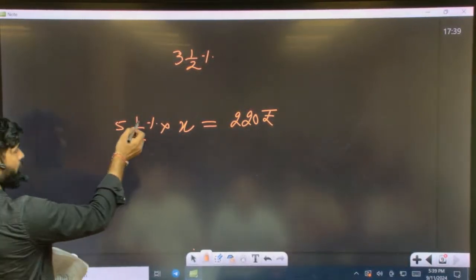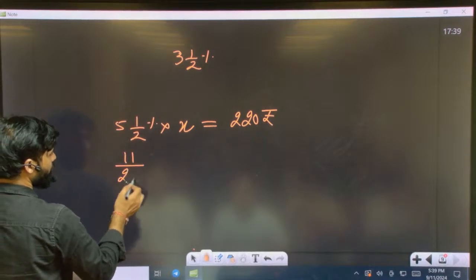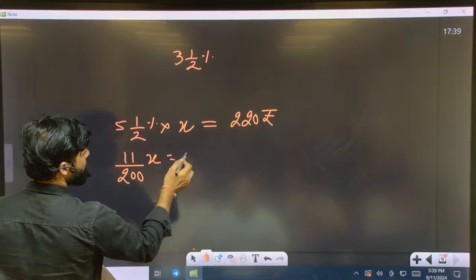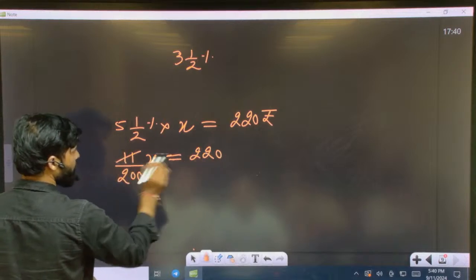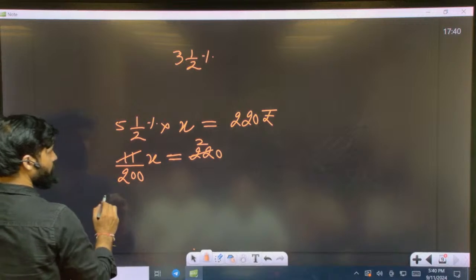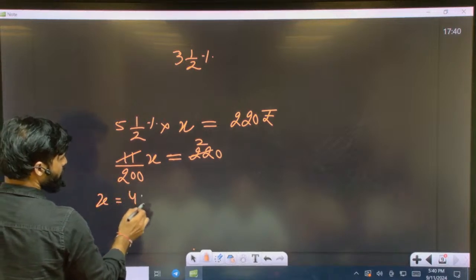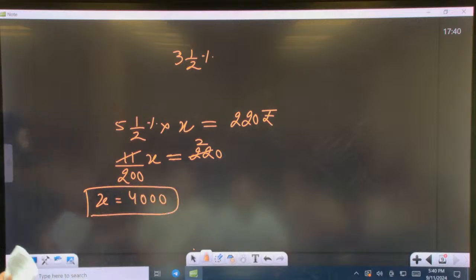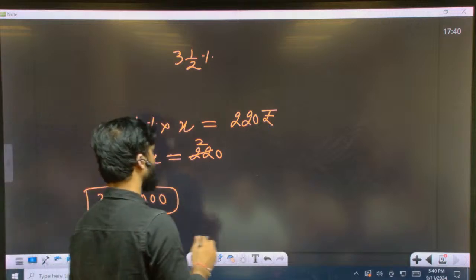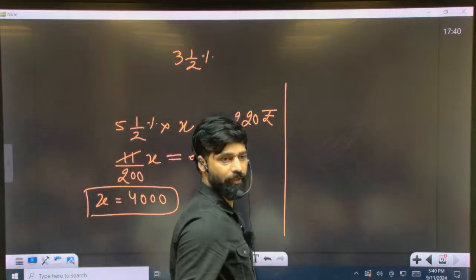Open it, like 11 by 200, x equals to 220. So x equals to 4000 now. But he has to find 3.5% of x.